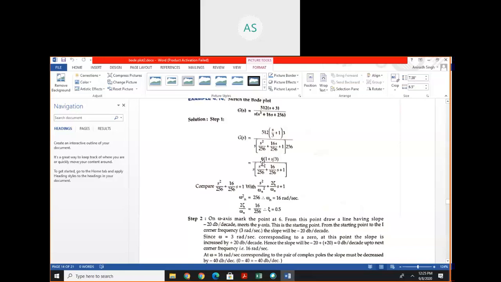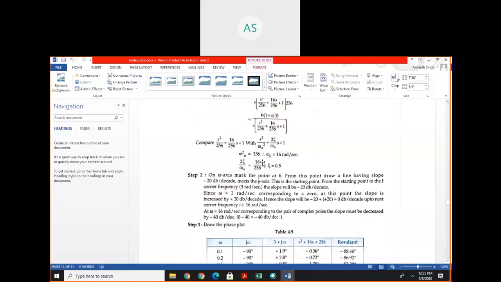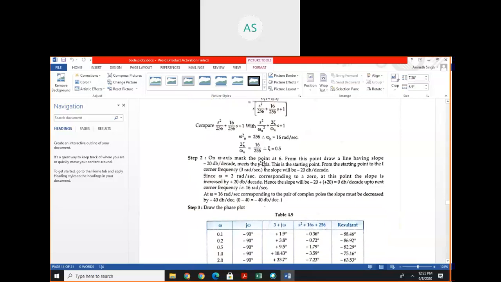On the omega axis, mark the point at 6, and from this point draw a line of slope minus 20 dB per decade, and this line meets the y-axis at a certain point, and that point is the starting point.